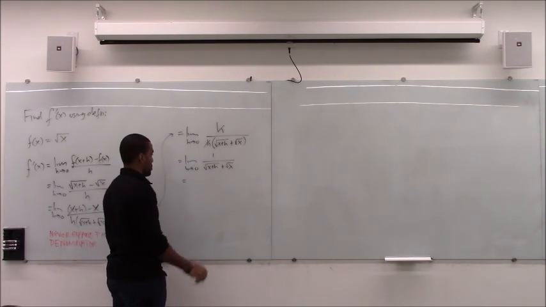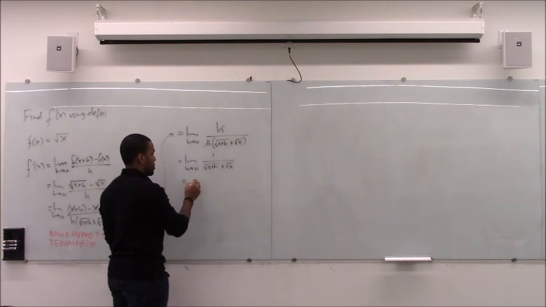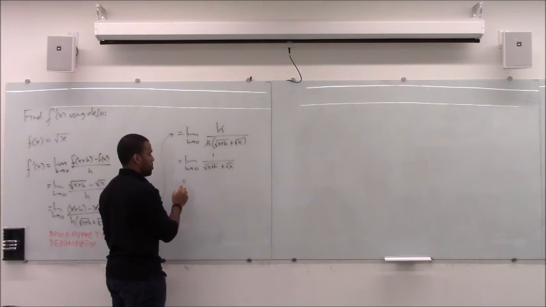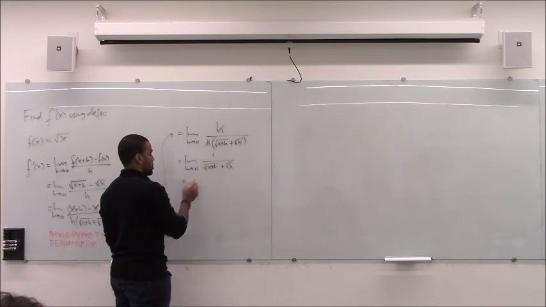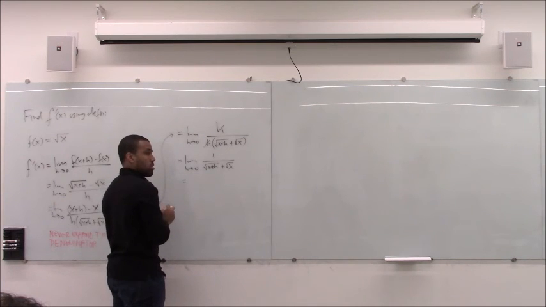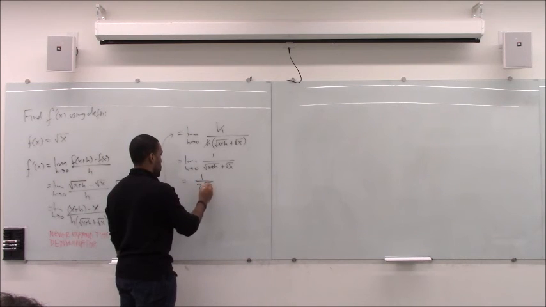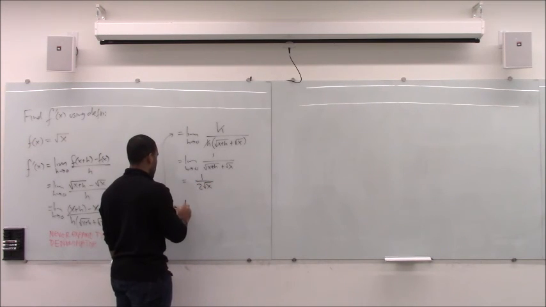Yeah, 1 over radical x. Square root of x. No, it's a plus h here. So 1 over 2 square root of x. And in fact, we can write that as another rule.